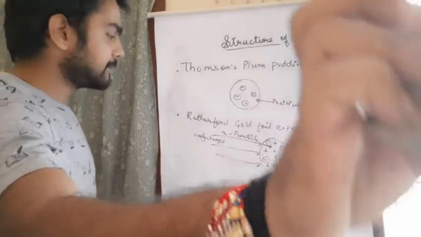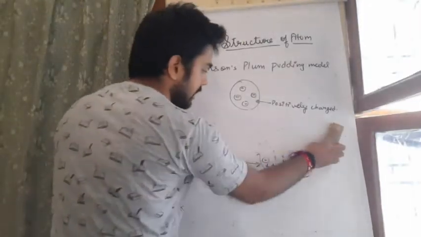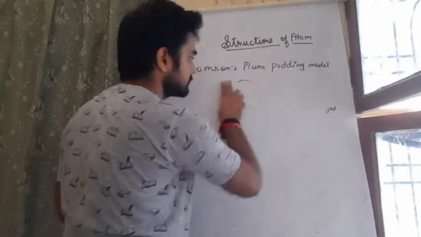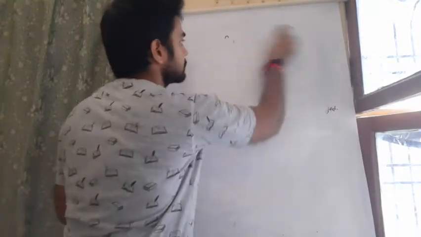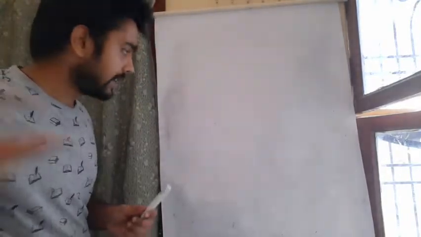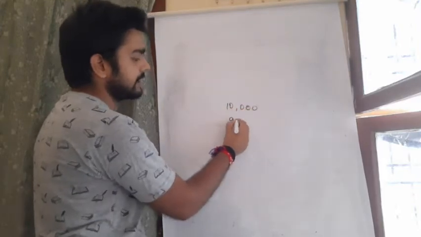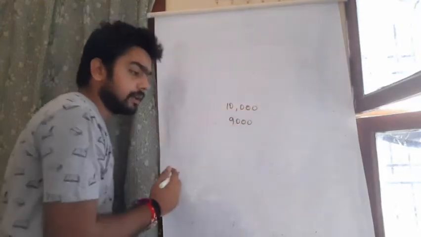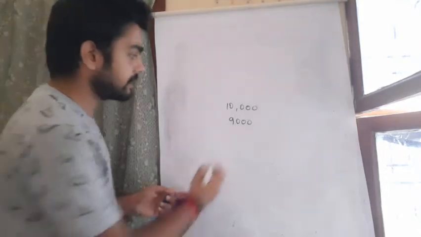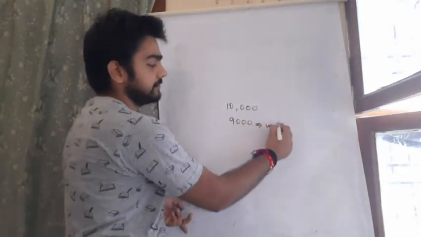But after this experiment, this was what he expected, and he found out another thing. He found out that out of 10,000, 9,000 which should deviate by 180 degrees passed undeviated.